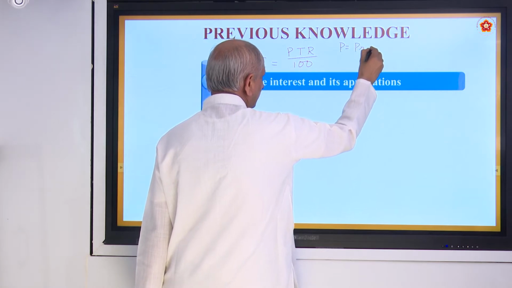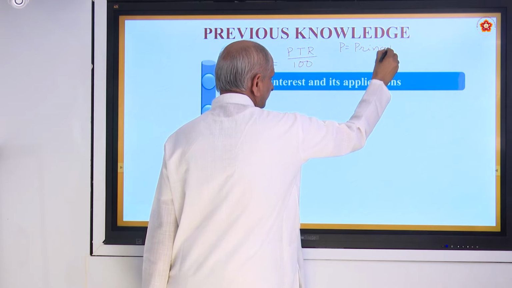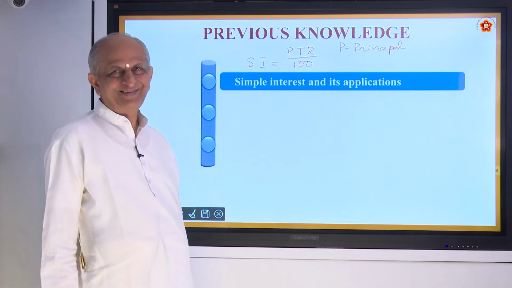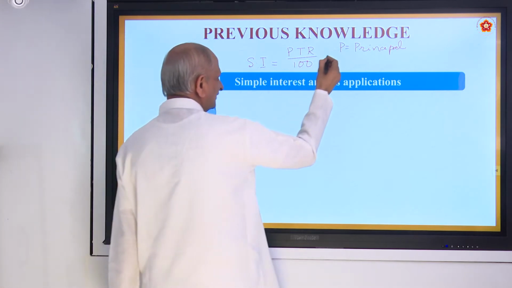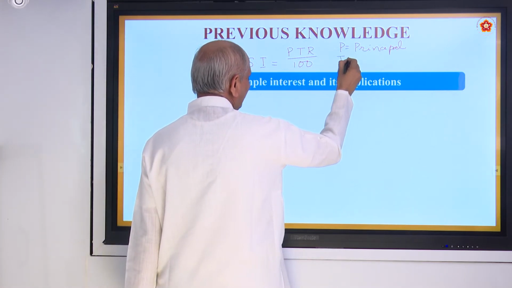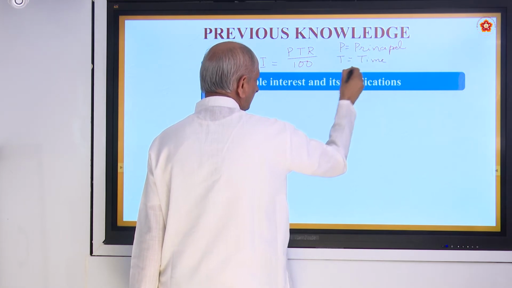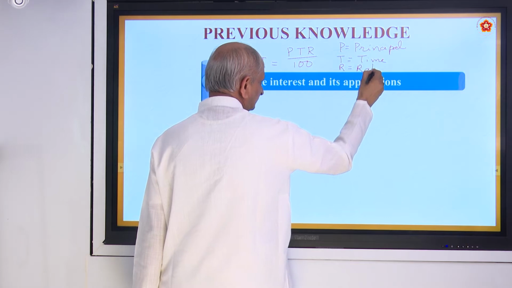R, rate of interest. Principal, not the college principal. Here principal means sum of amount. T stands for time and R stands for rate of interest.